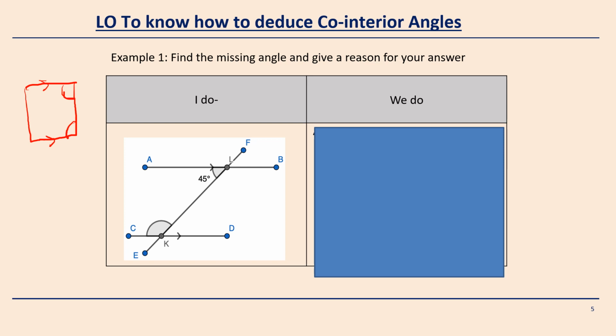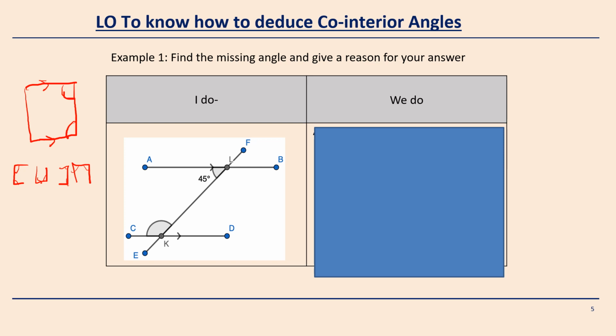So you're looking for a C shape, a U shape, or a mirror image of those as well. These are called co-interior because they're interior and they coexist.